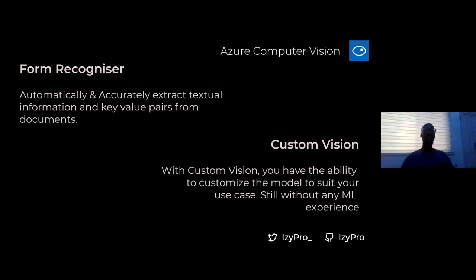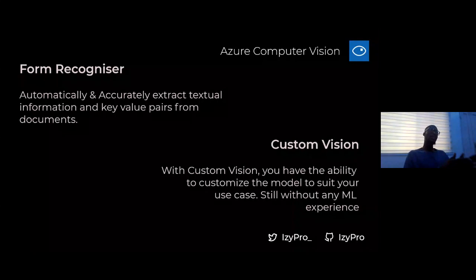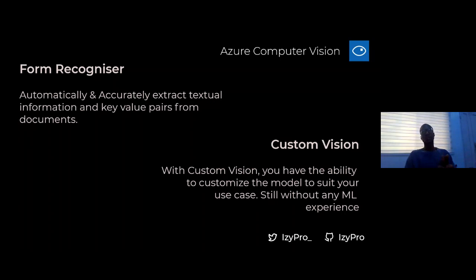It also extracts in key value pairs, meaning that if you want to scan a receipt and extract the name, the date, and those kind of paired data that comes with a title and a value, like the title name and the value Israel, or the title date and the value the 3rd of December. You can do all that with form recognizers.